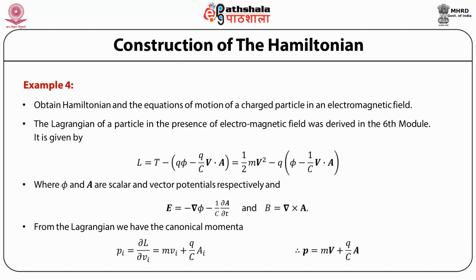So this is an important result, that in the presence of electromagnetic field, the conjugate or the canonical momentum of a charged particle can be written as a sum of the ordinary momentum mv of the particle plus a term which is q by c into the vector potential.